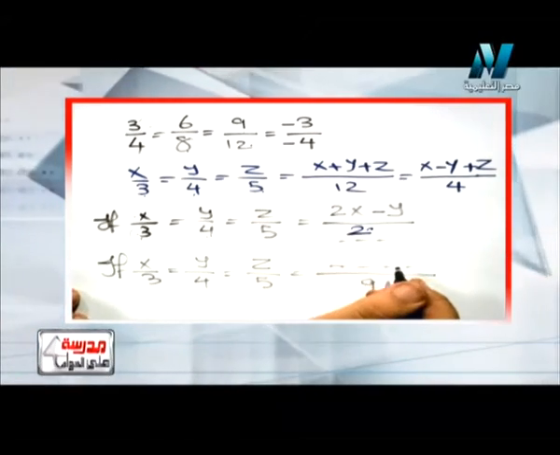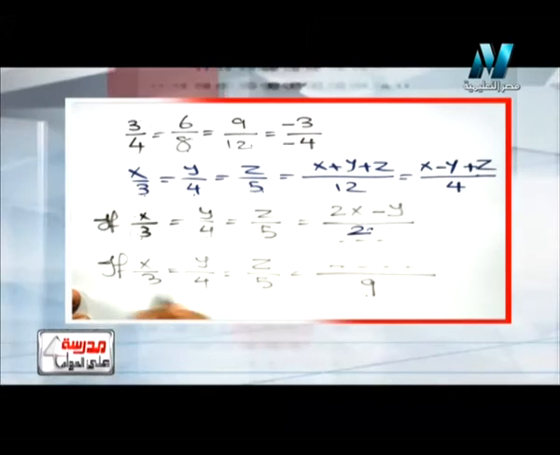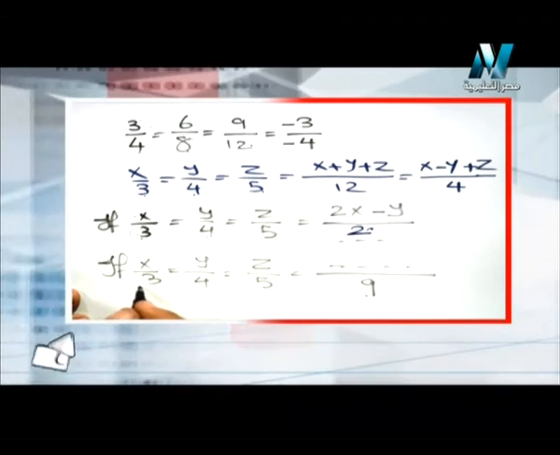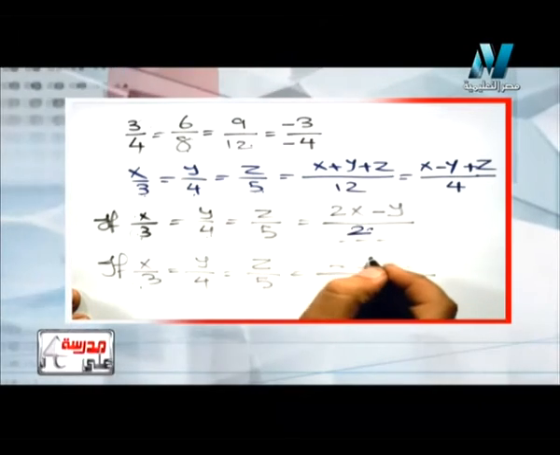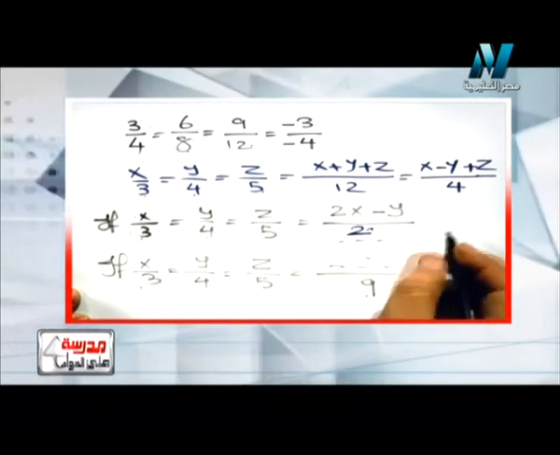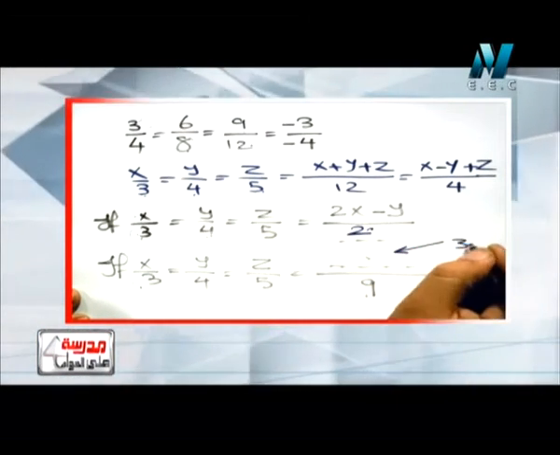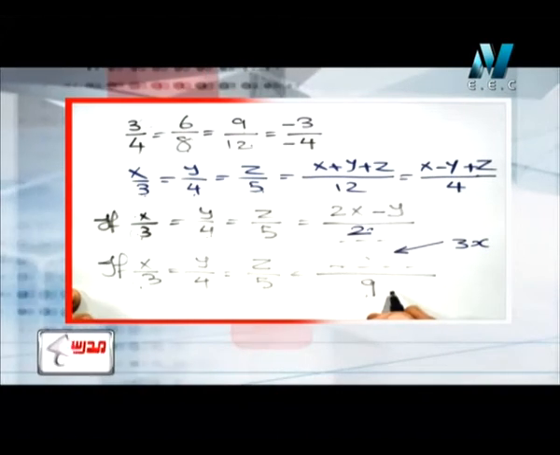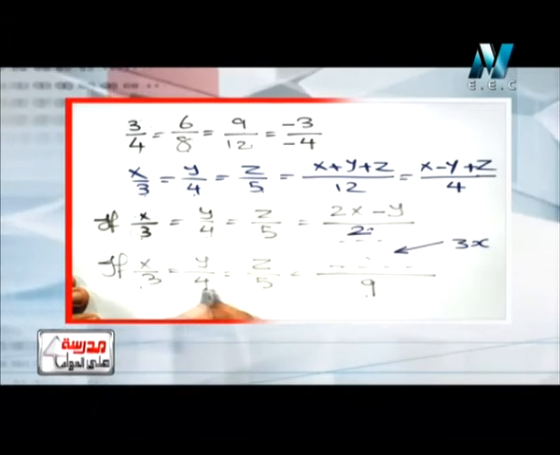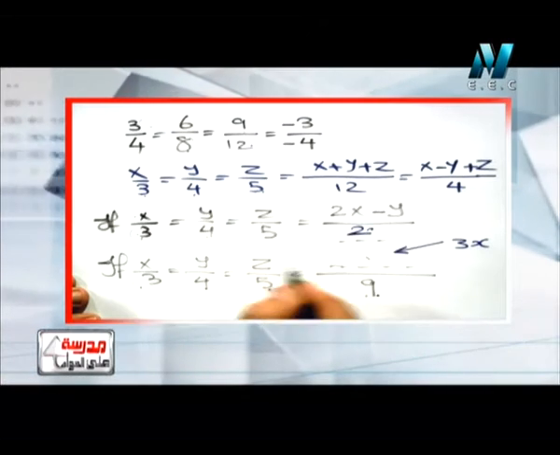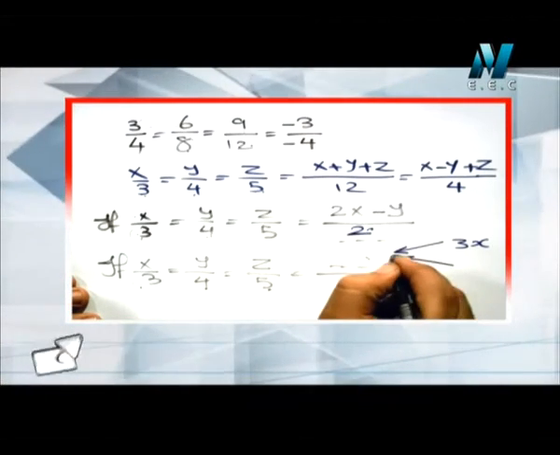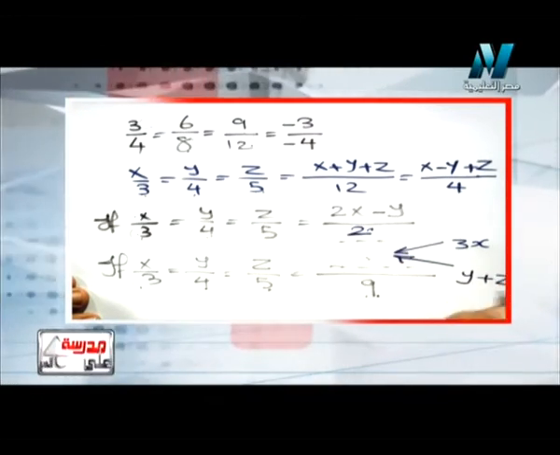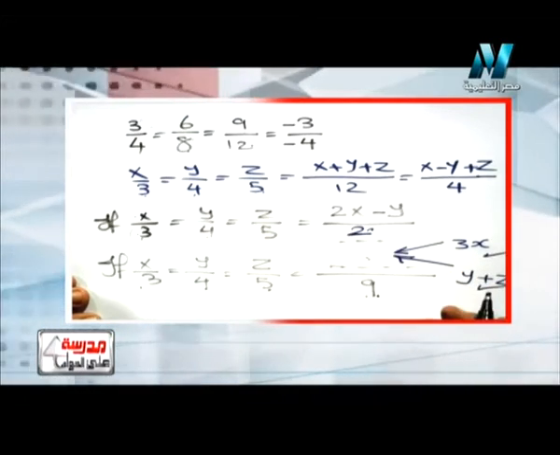We can write 9 by multiplying the first ratio up and down by 3, so I can have 3x in the numerator. So we have an answer here which is 3x. Or maybe some students will say that 4 plus 5 gives me 9, so I can write up here y plus z. So these two answers are right.